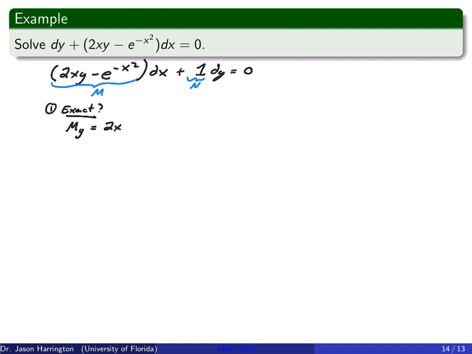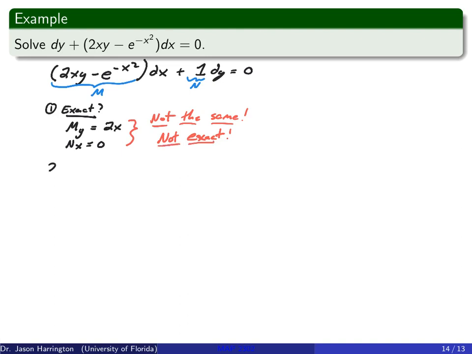And the derivative of N with respect to x is just 0. And we see that these are not the same, so that tells us it's not exact. But don't worry, we have two different integrating factors we can check.